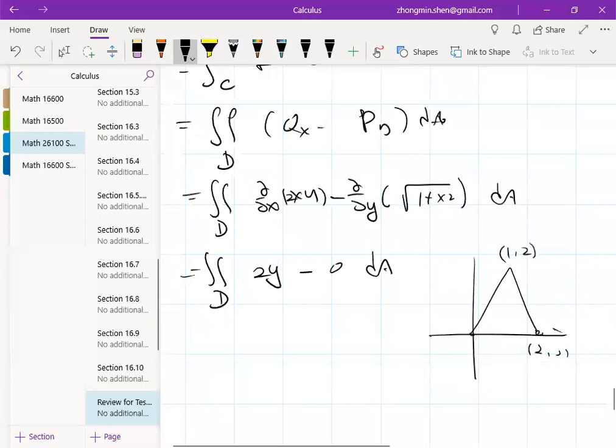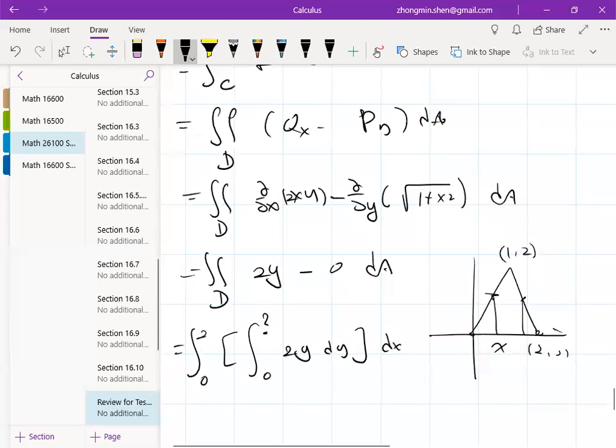I think we still have to find the equation for these 2 lines because you want to know the upper bound for the y value for a fixed x. You see x is between 0 and 2. Then you have to decide which y: y is between 0 and some question mark, dy dx. For a fixed x, what is the y value?